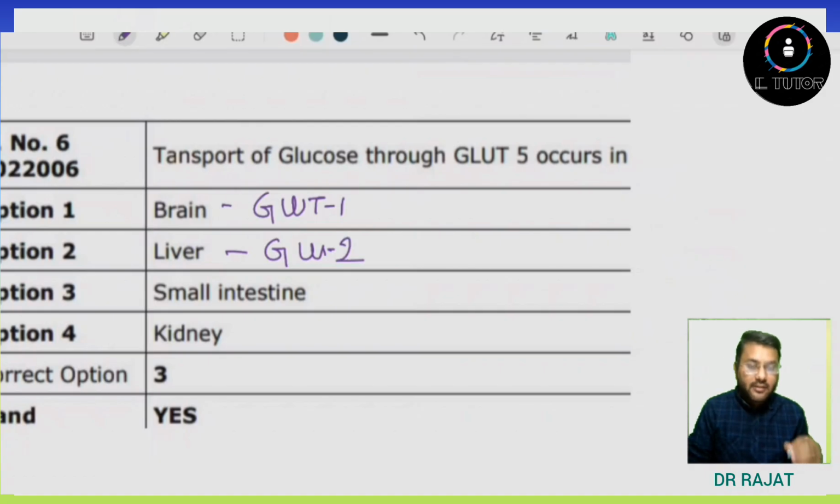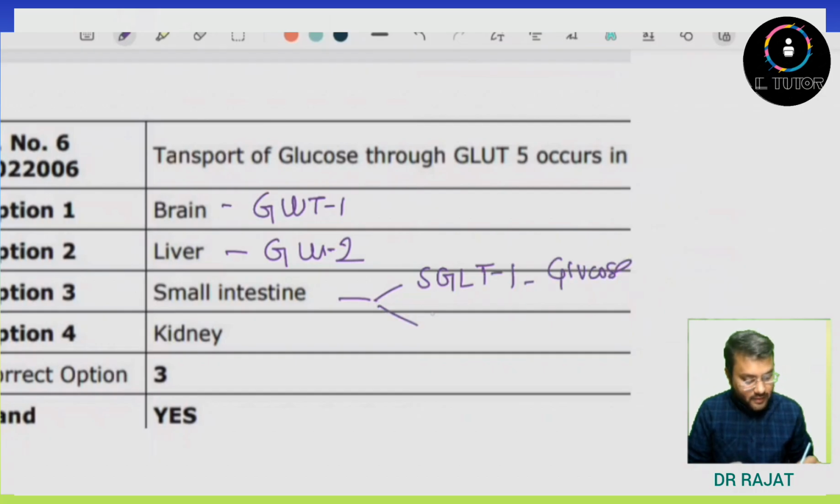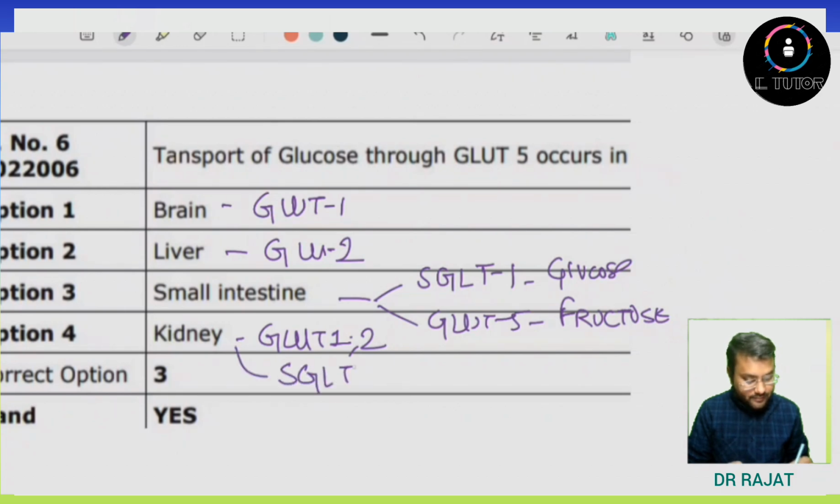In the small intestine, SGLT1 is present for glucose, and GLUT5 is present for fructose. And in the kidney, again GLUT1 and 2 are present, and also SGLT2 is present. So here the answer will be small intestine.